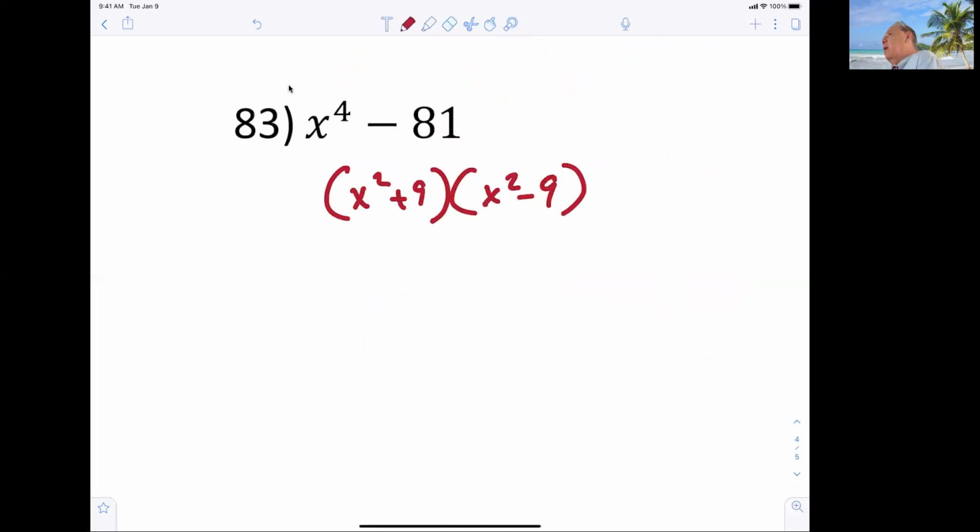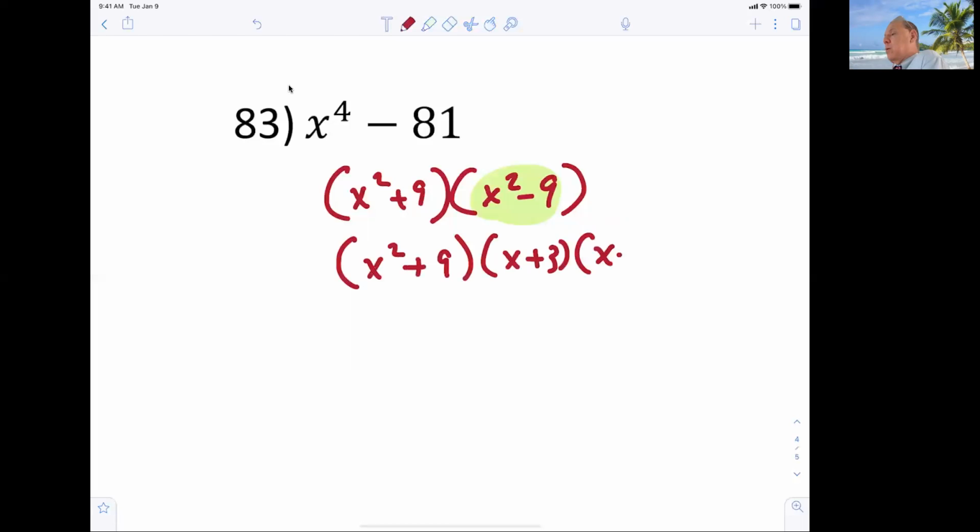All right, and then what else can factor? Anybody have any issues with that?